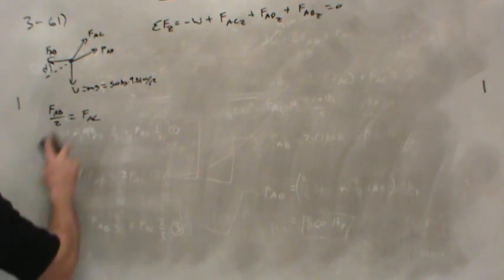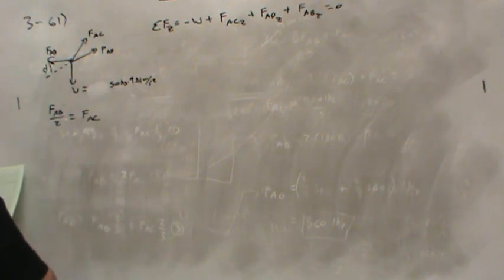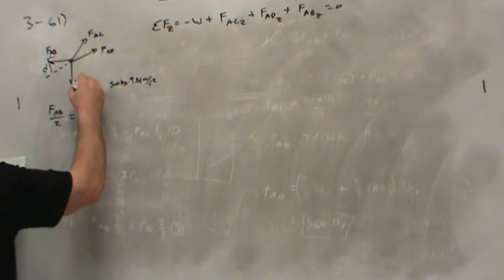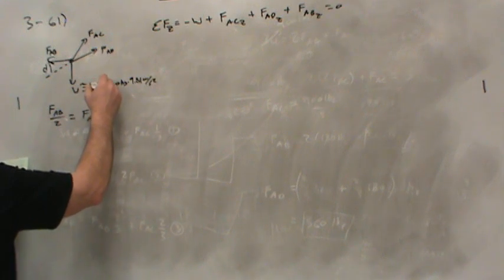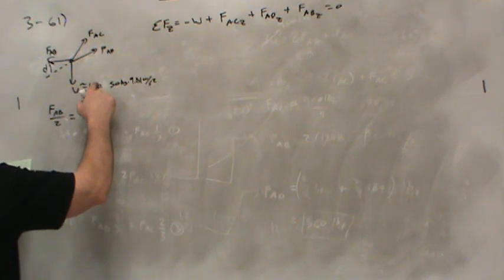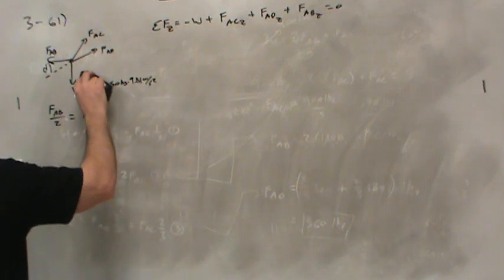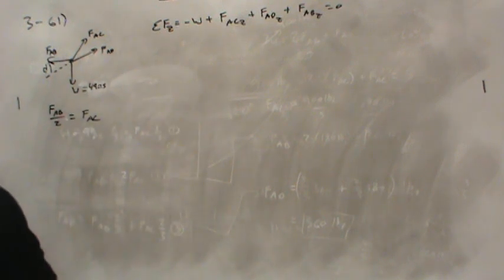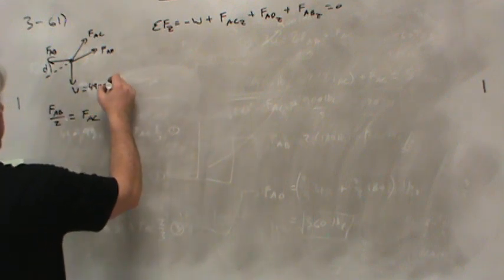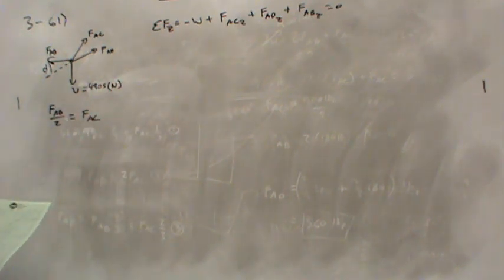Plug it all into your calculator and you'll find the weight. That comes out to 490.5 newtons. Actually, not approximately, it comes out to exactly. Of course, the acceleration of gravity is not exactly 9.81, but for our purposes, that's close enough. So 490.5 newtons is weight W.